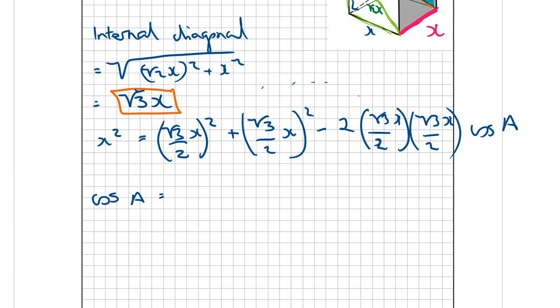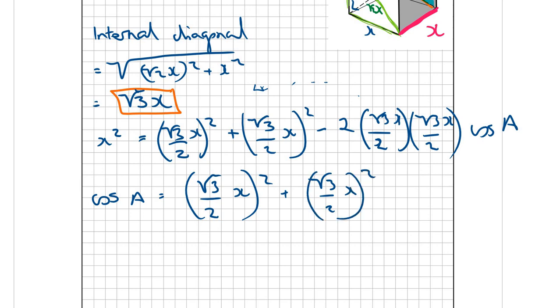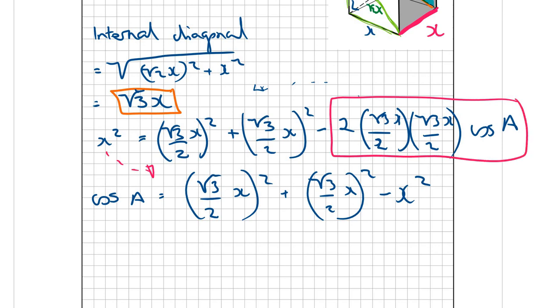bringing this over the other side and bringing x squared over, it's going to be (root 3 over 2 x) squared plus (root 3 over 2 x) squared minus x squared, because likewise I'm bringing this over to that side, and dividing.